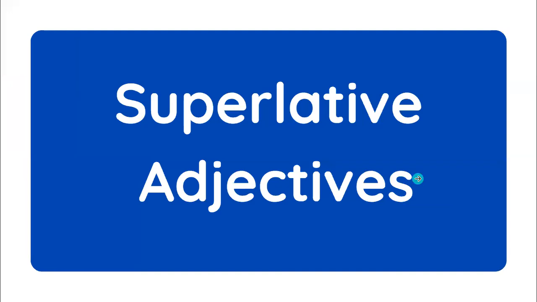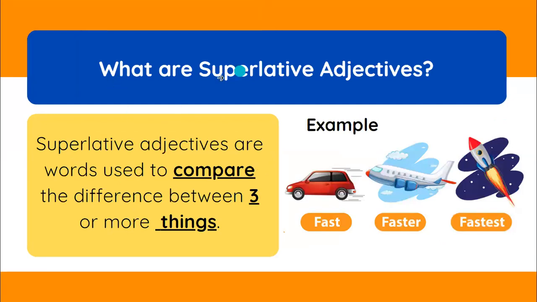And now we are going to review superlatives. What are superlative adjectives? Superlative adjectives are words used to compare the difference between three or more things. So we have here fast, faster, and fastest.